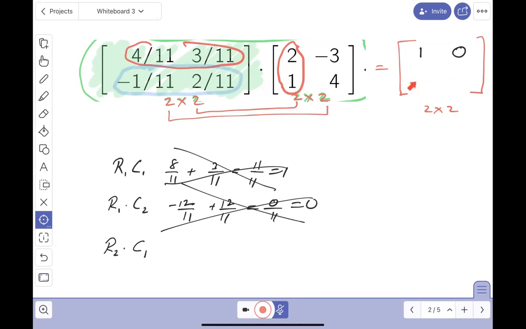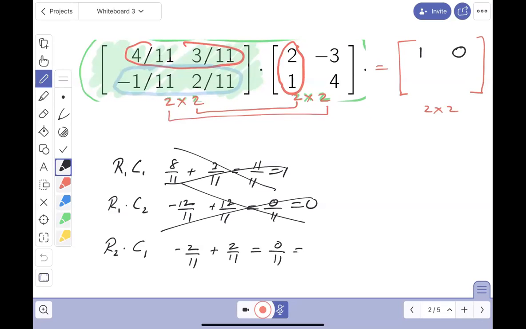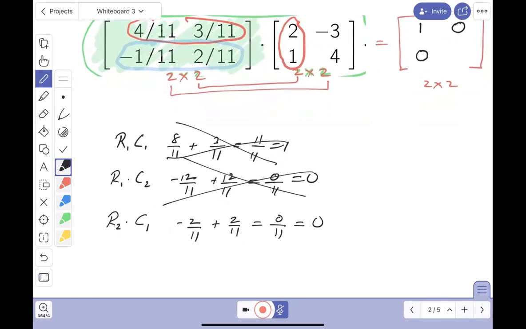I'm going to get this entry now. Let's see what we get. Minus 2 11ths. I'm doing this times this and this times this. Plus 2 11ths, which is 0 11ths, which is 0. That's done. Let's do the next one.